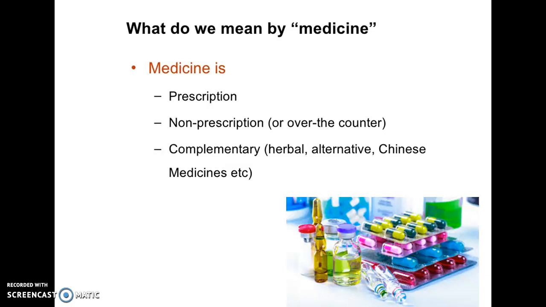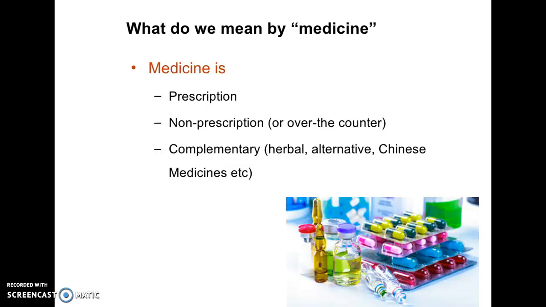Before entering into the word drug, let us see what is medicine. This medicine may be prescription based, or sometimes non-prescription based. Many medicines you might have observed in pharmacies, you get over the counter. They are called OTC drugs, which are available without a prescription.